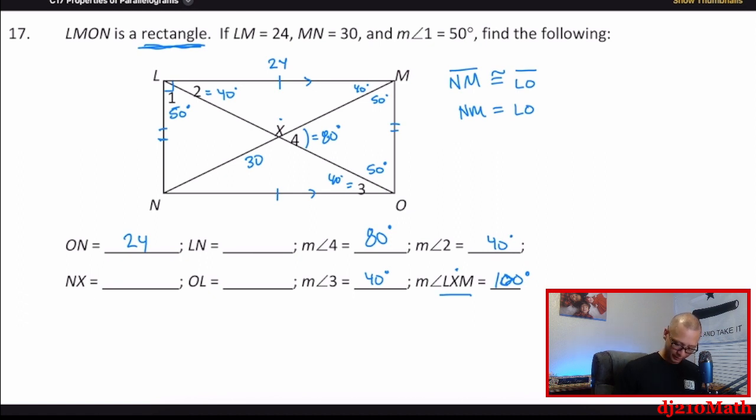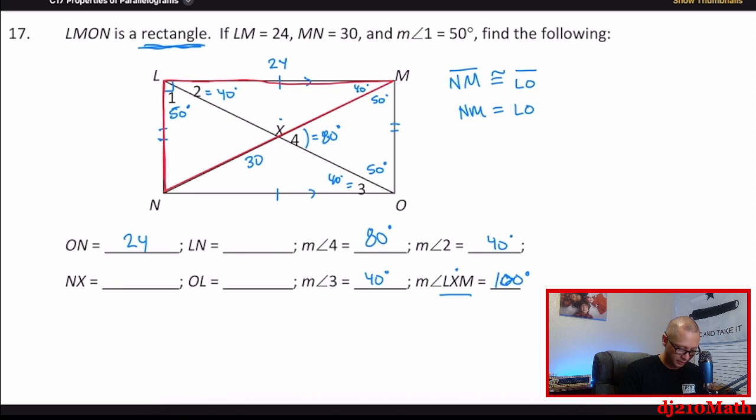So here, look. So LN is this. How do we figure that out? We can use trig. I like the fact that it's a right triangle. 24 and 30. So Pythagorean theorem, I'm always looking for it.